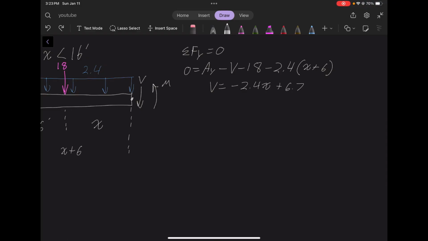So again, my point being here, we're going to sum the moments around my point, set it equal to 0.